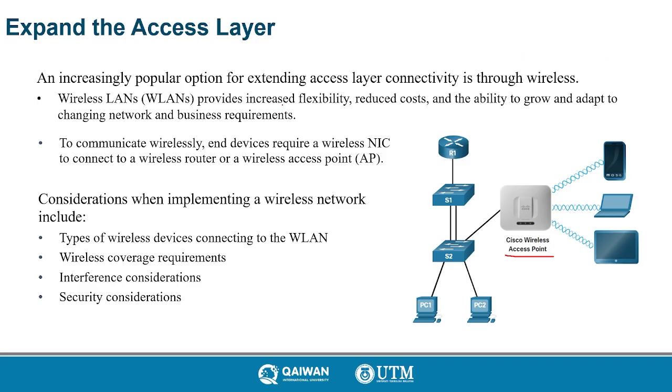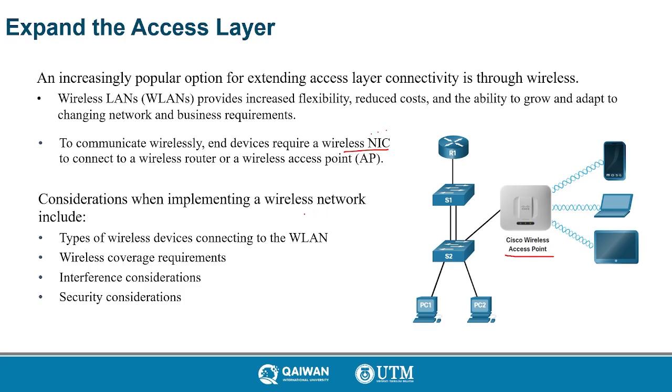It will give us flexibility, reduce cost, and the ability to grow and adapt to changing network business requirements. And it makes sure that all the devices can connect to the internet through this wireless. However, to communicate wirelessly, devices require a wireless NIC, wireless network interface card. And nearly all the devices nowadays have it.